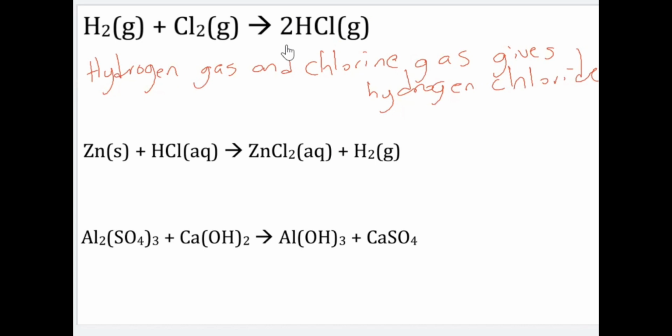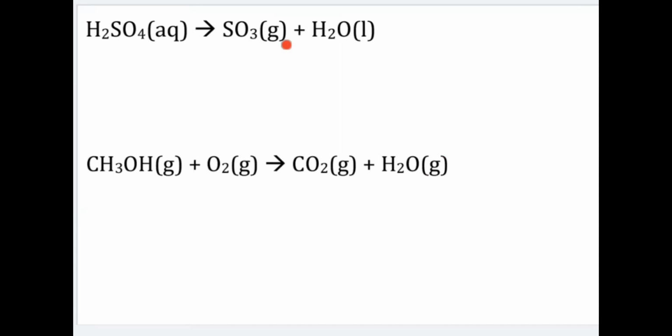Now let's go to the second one, the last two sets here, and this one is H2SO4, and this is called sulfuric acid. And sulfuric acid is not mixing with anything, so it's producing something, so that means it's going to be decomposing.